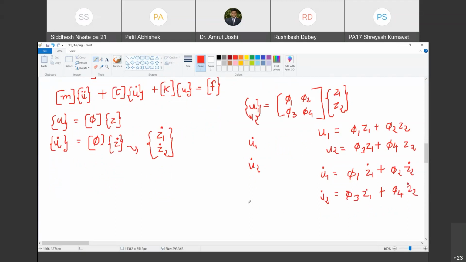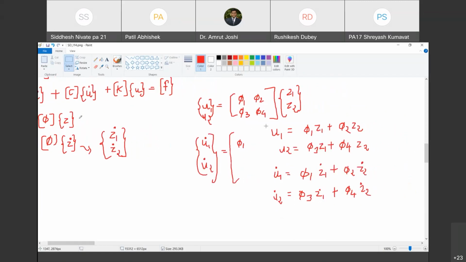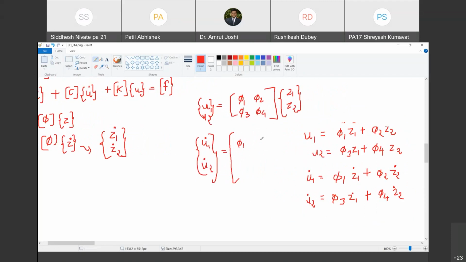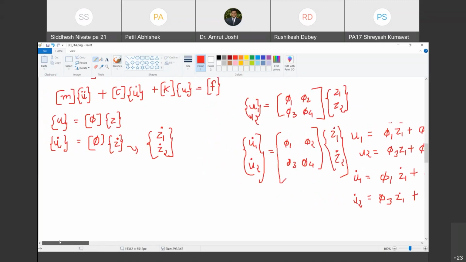So can I write U1 dot, U2 dot equal to the matrix phi1, phi2, phi3, phi4 times Z1 dot, Z2 dot? So can I write U dot equal to phi times Z dot? Are you with me? Yes, sir.